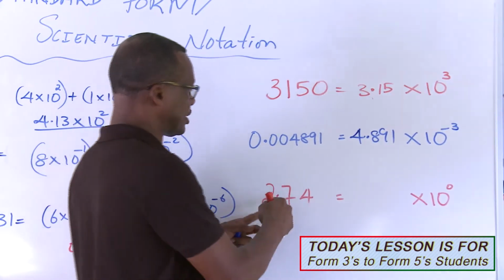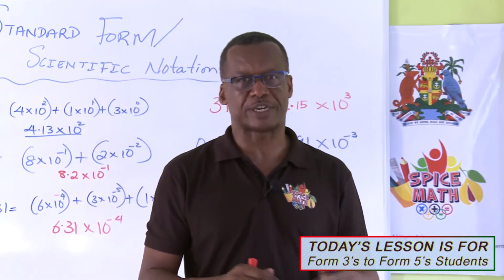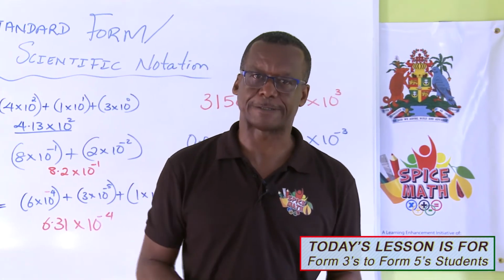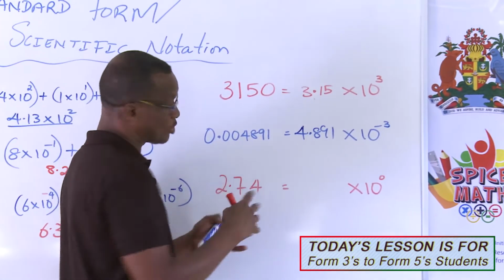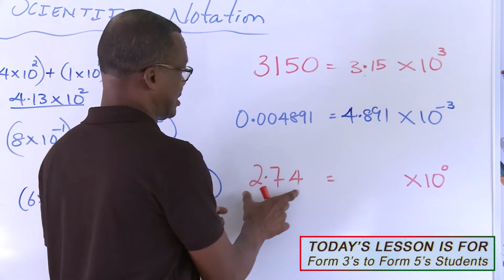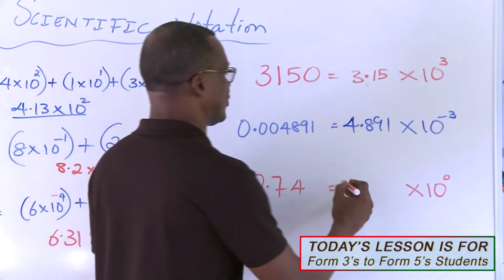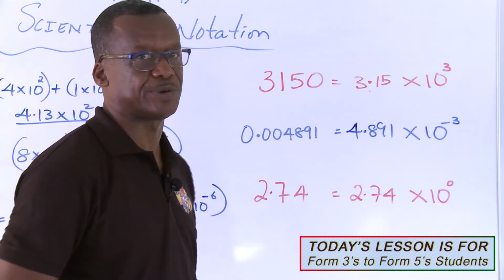Now, I need to place the point so that this number is 1 or greater, but less than 10. As you notice, 2.74 is already within that range. So we simply write it over. 2.74 multiplied by 10 to the 0.